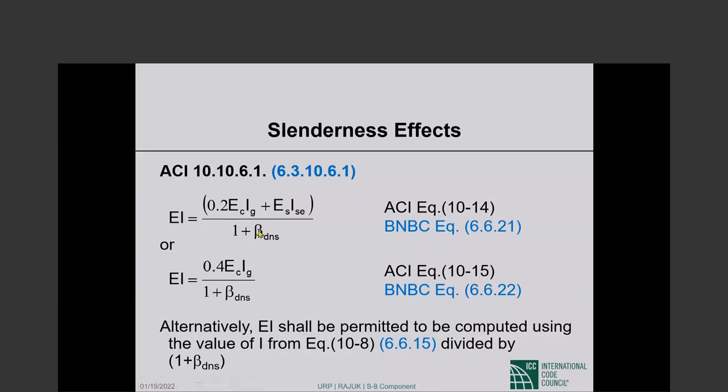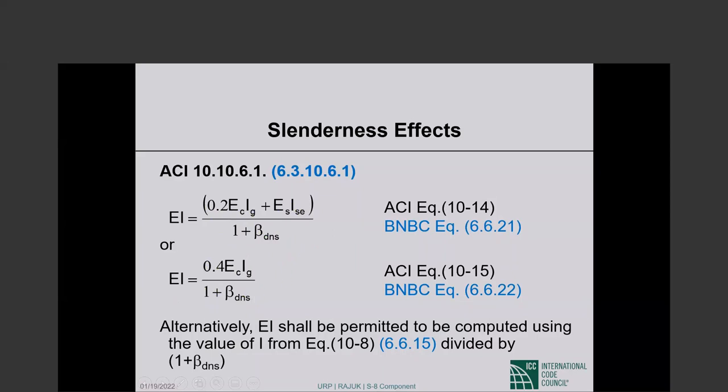This has a different definition now, as we will see. So you can use this when you have a lot of reinforcement, you will be better off using this, or you can use that where there is no reinforcement contribution. It's only 0.4 E sub C, I sub G, and then the long-term, the sustained load effect.